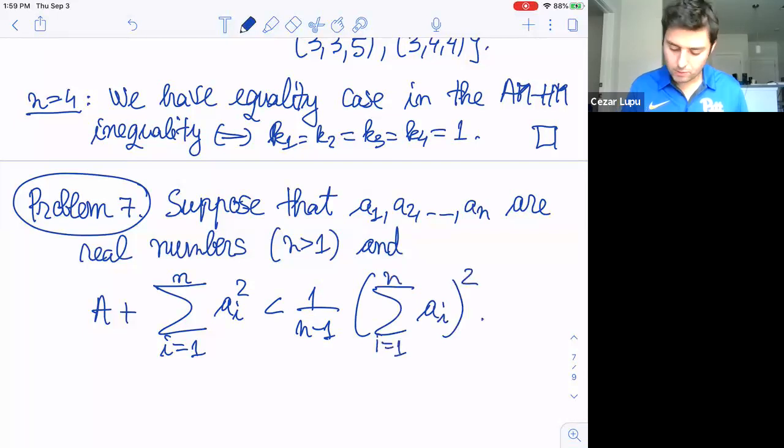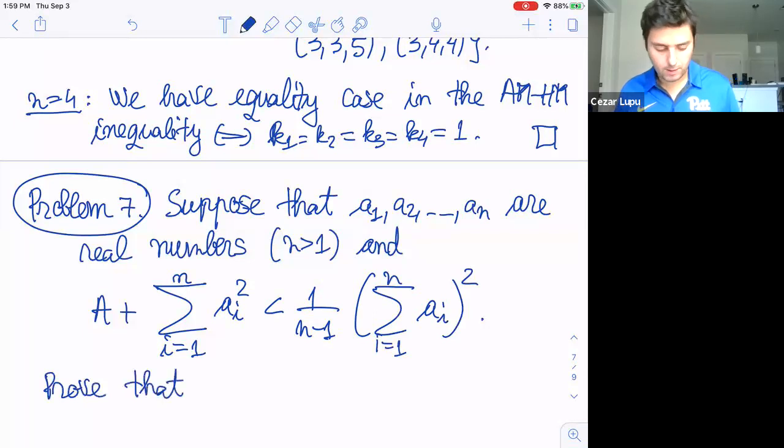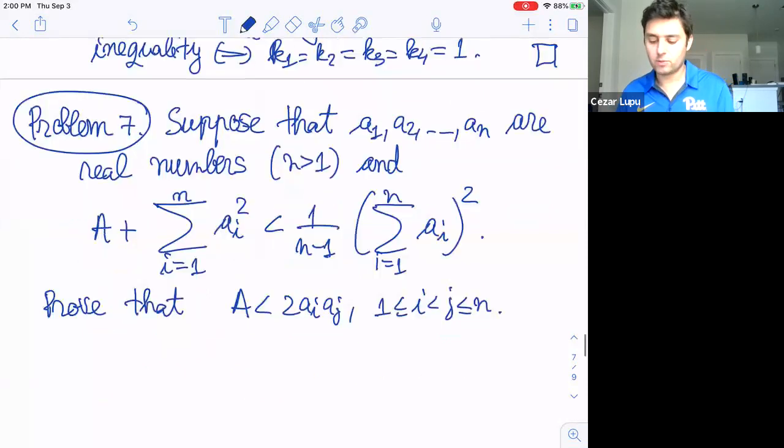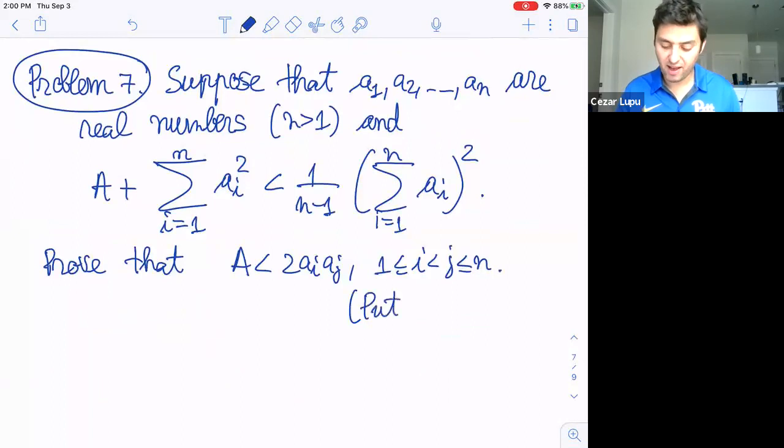Okay. Prove that A is less than 2AIAJ, for I less than J less than N. So this was Putnam B5 in 1977.